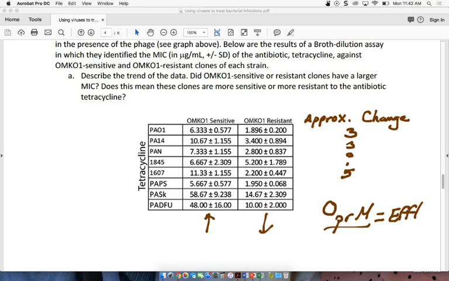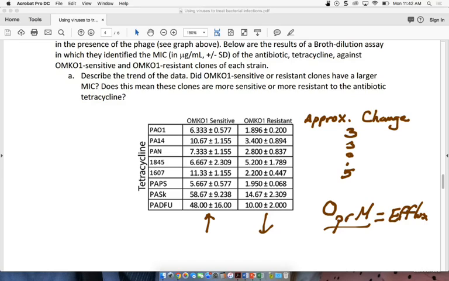So what is this saying then? These mutants we know are resistant to bacteriophage. They've got a mutation in the efflux pump. What does that mutation in the efflux pump do to the organism's antibiotic resistance? Reduces the resistance. It actually makes them more sensitive.